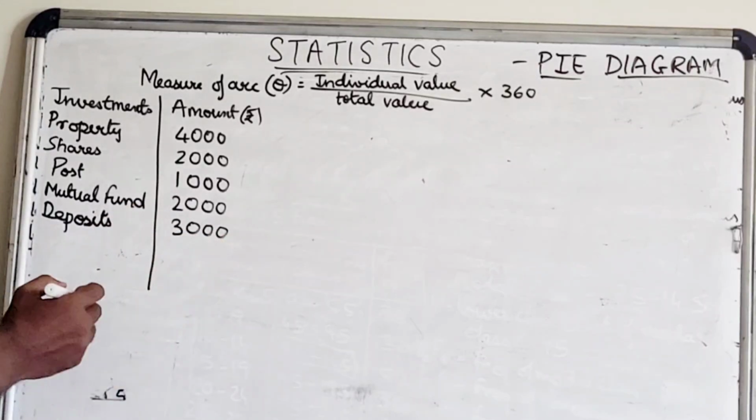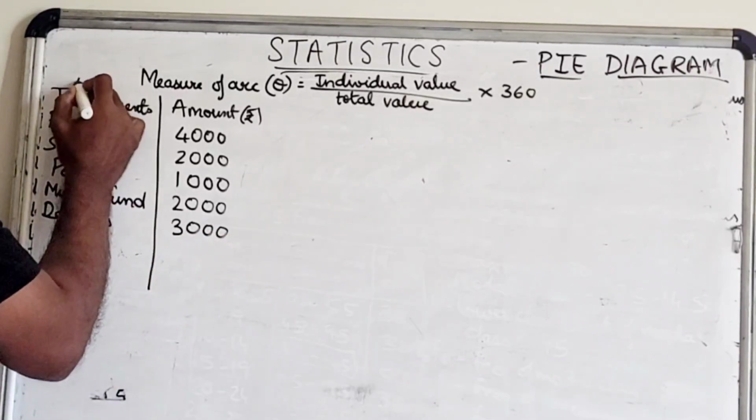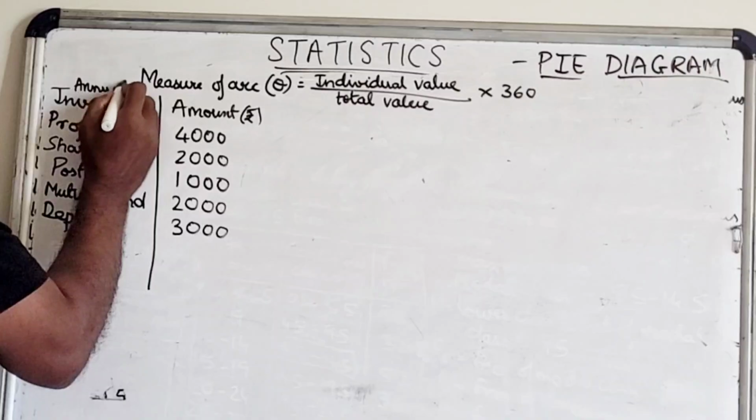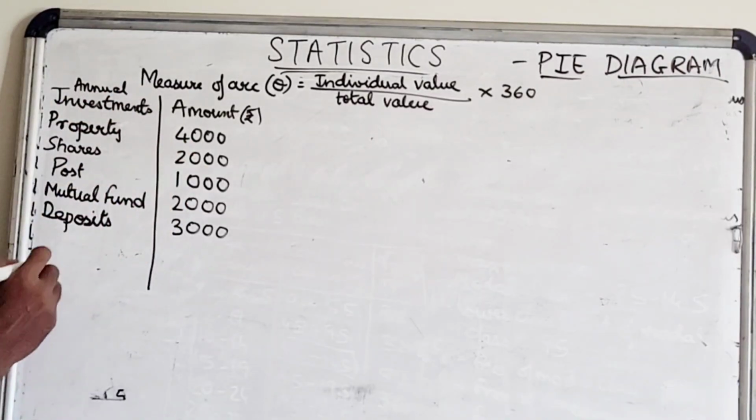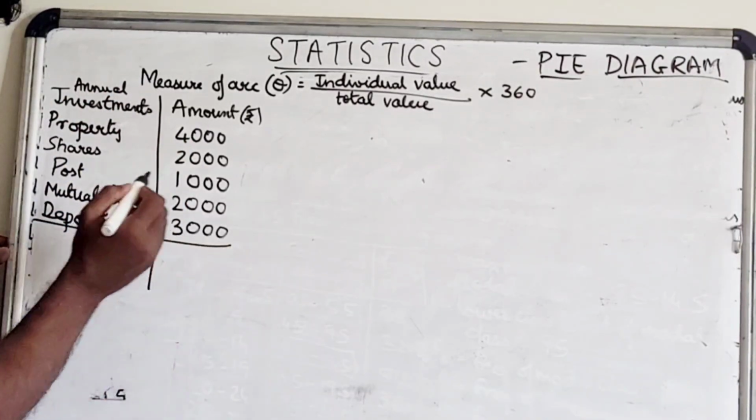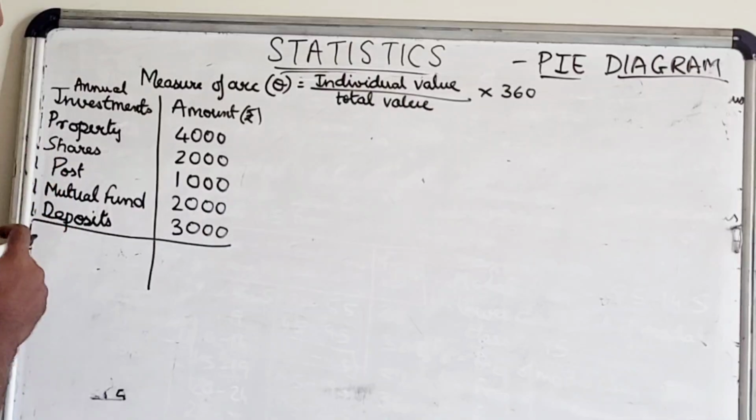So this is the annual investment in various categories, and you have been asked to draw the pie diagram of it.